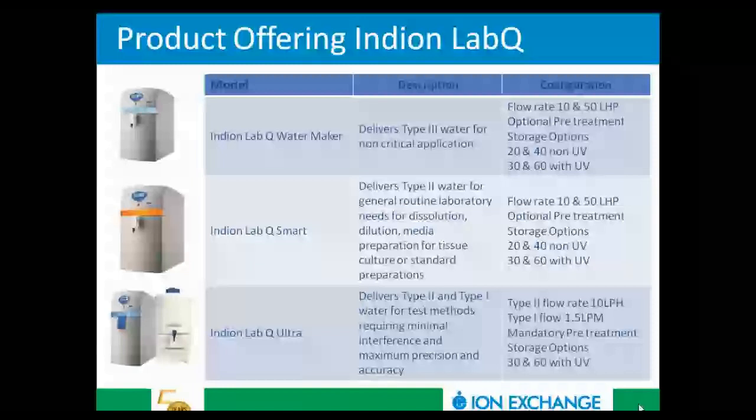And the LabQ Ultra is an integrated unit which delivers type 2 and type 1 water for various critical applications with potable water as a feed. To fulfill the peak requirement, we have various storage options, and we also have customized pre-treatment based on the feed water analysis.